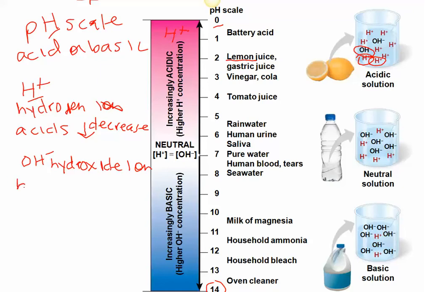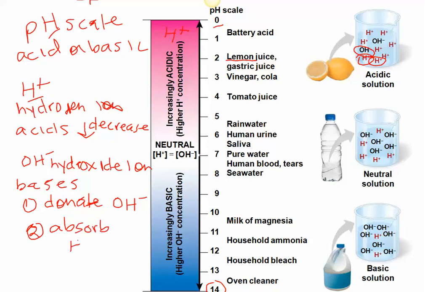And we can define bases two ways. One, bases can donate hydrogen ions in solution, or bases can absorb hydrogen ions. Either way, bases cause the pH to increase.